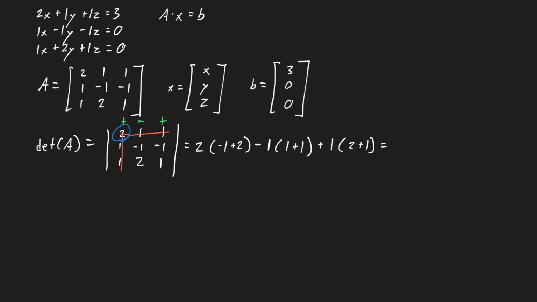Negative 1 and 2, that gives me a 1, so this is a 2. 2 times negative 1 is a negative 2. 2 and 1 is 3 times 1, plus 3, which gives me a determinant of 3. Sorry, not discriminant, I'm thinking about quadratic equations. Does that satisfy our condition? Yes, it does. That means we could carry on with Cramer's rule.